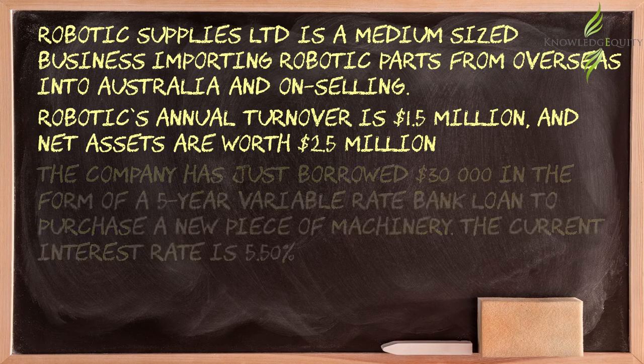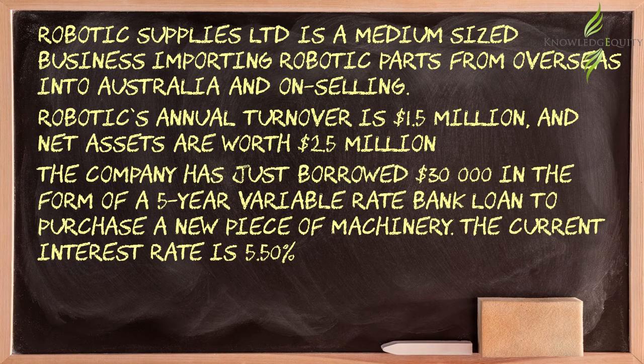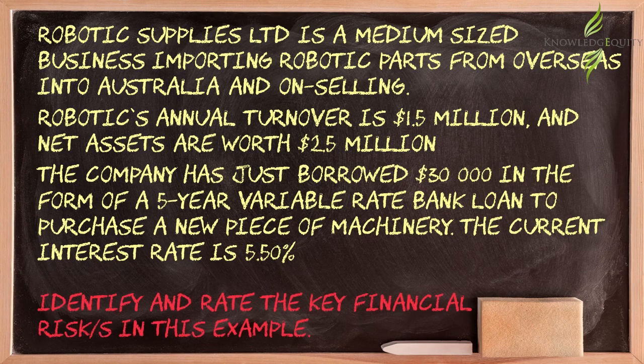They've just borrowed $30,000 from the bank over 5 years on a variable rate basis, and the current interest rate is 5.50%. In this case, the two key financial risks that need to be considered are interest rate risk and liquidity risk. That is, risk exposure from changes in interest rates and risk exposure if Robotics are unable to make the repayments when they fall due.